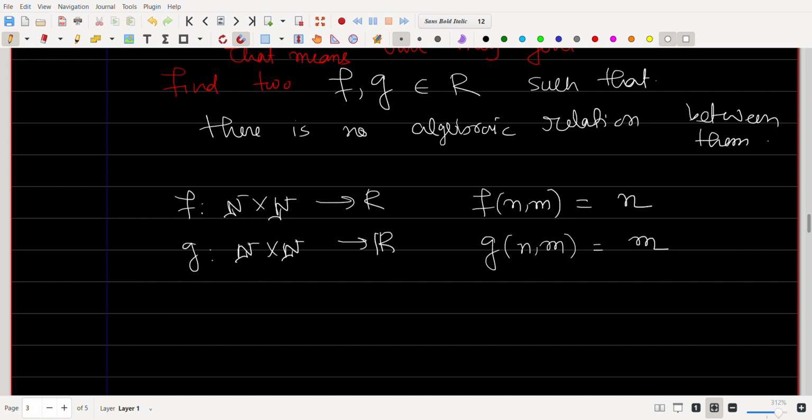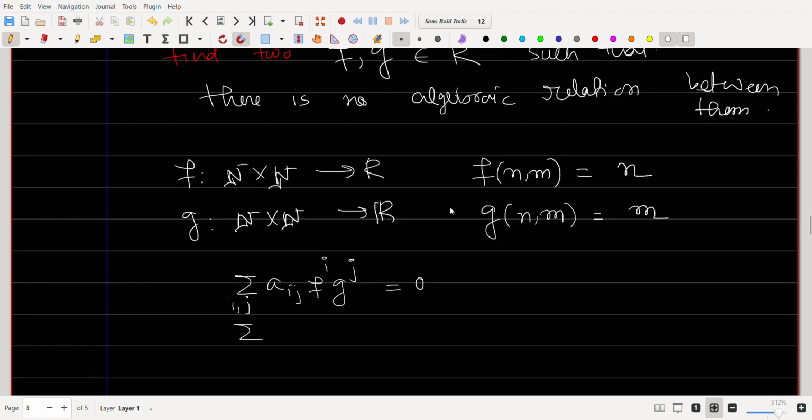Okay, now see, then actually f and g become n and m, and there is no algebraic relation between these two functions. Why? See, if there is some relation, that means the sum of a_ij f^i g^j is 0, for finitely many i, j.